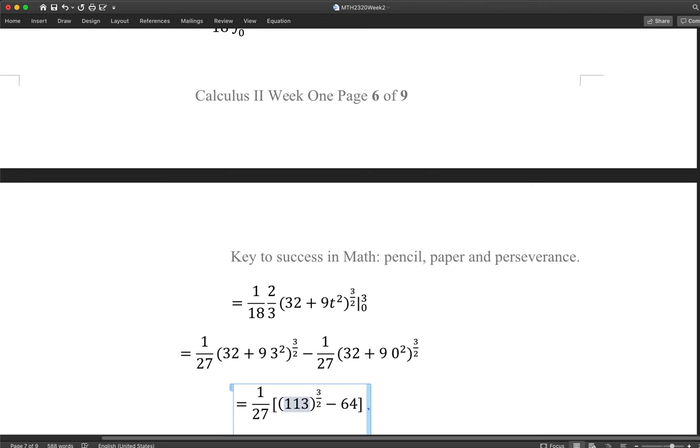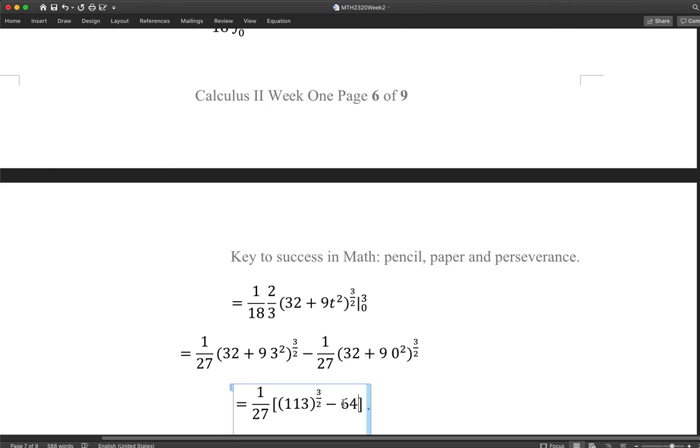It's 81 plus 32, that's 113. Then minus, replace t with 0, so this part is 32 to the power of 3/2.